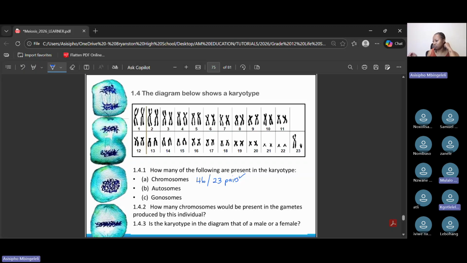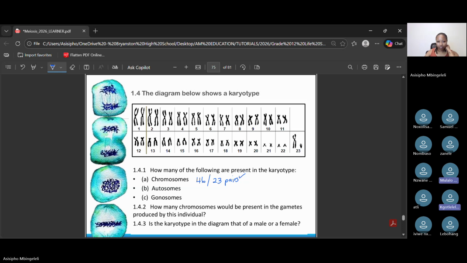How did you get 20? Is it Mulalo? How did you get 20? I got 20 because I read it like this. It says chromosomes, and then B says autosome, and then chromosome.